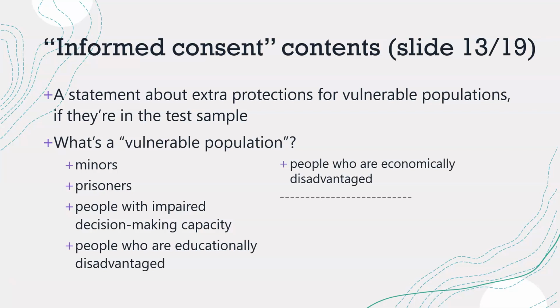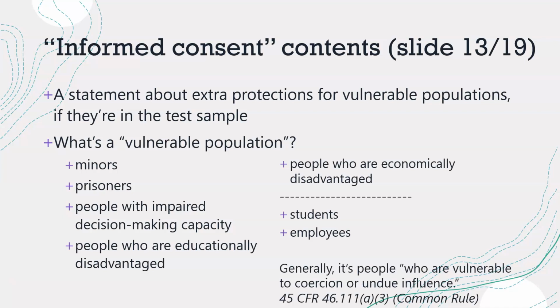For the purposes of usability testing, we're going to extend this a little bit also to students and employees. Students, because their grades can depend on participating or not, and employees, because their status at a company can be influenced by whether they participate or their answers when they participate.